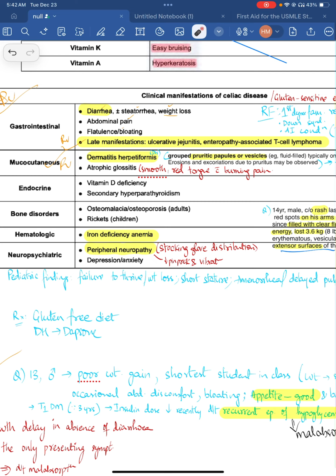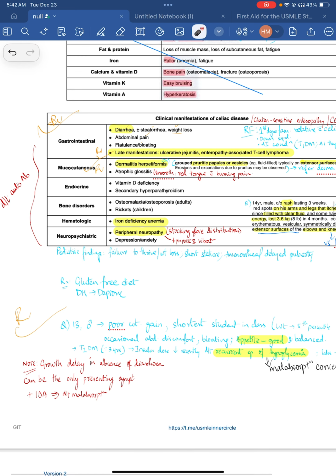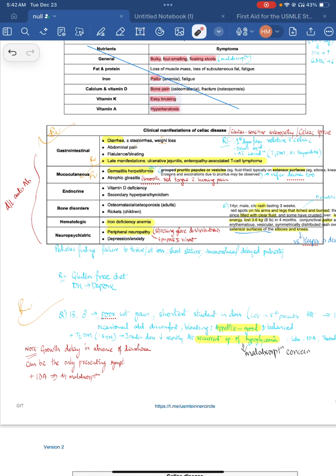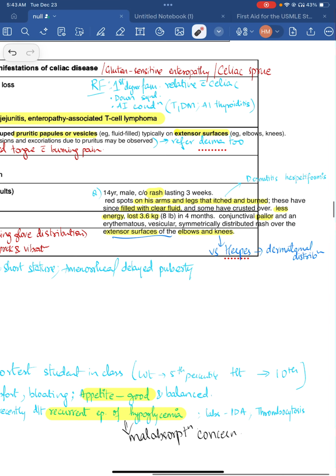Muscle strength and deep tendon reflexes are normal. Lab may show microcytic anemia. What is the cause of this patient's symptoms? All of this is pointing towards celiac disease, and the cause of the symptoms is the peripheral neuropathy due to the autoimmune process. In addition to that, patient may also have depression or anxiety.